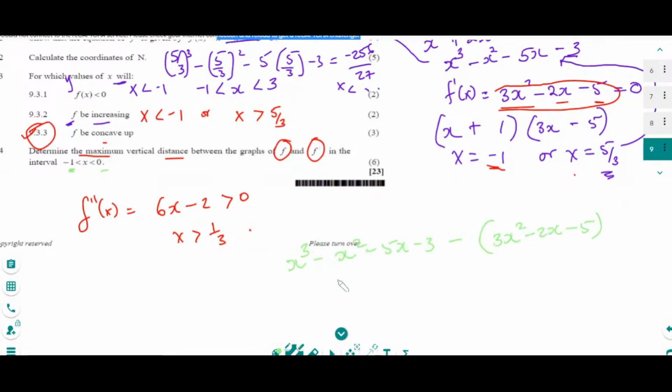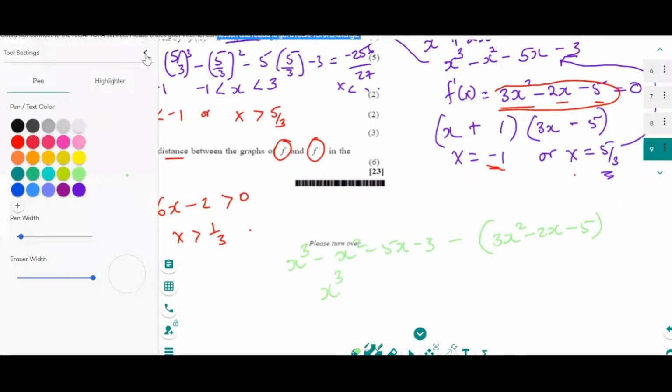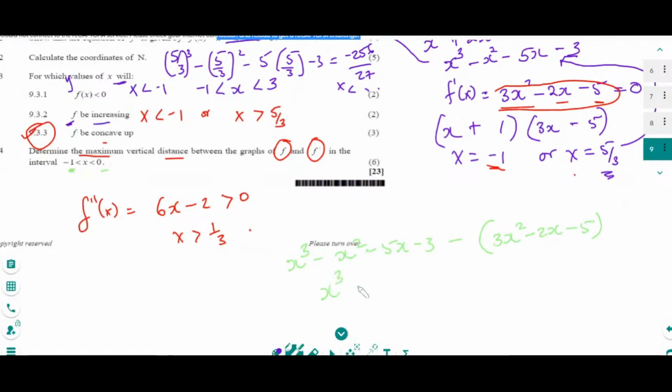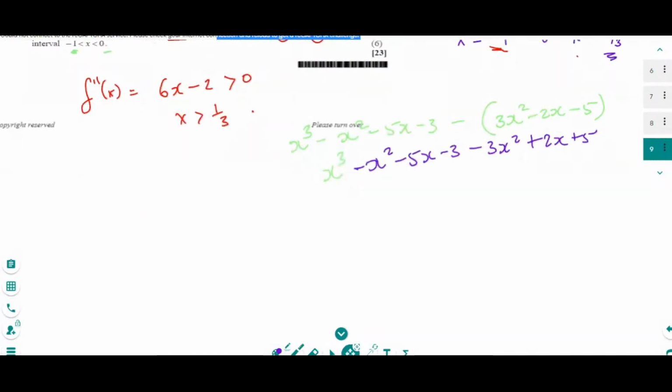And then I'll have x cubed. Can I just change this? Doubt whether it's visible enough. Okay, x cubed minus x squared minus 5x minus 3. This is going to be minus 3x squared plus 2x plus 5. Okay, I'll collect my like terms. X cubed doesn't have a like term, so x cubed.